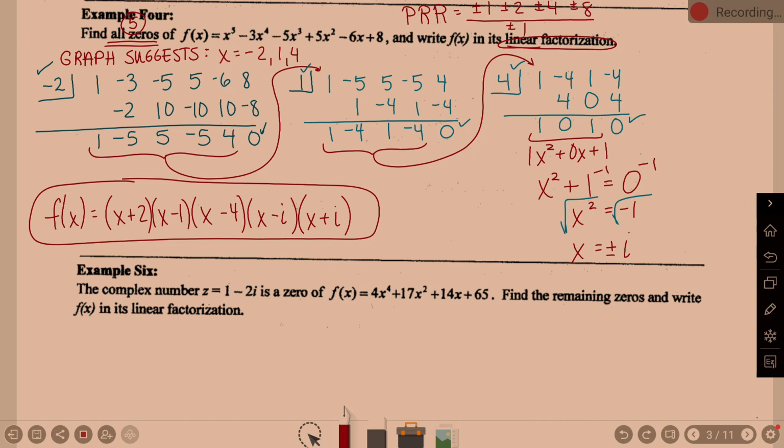Find the remaining zeros and write it in linear factorization. Guys, here's the catch. You graph this one right here, you don't find any real zeros, which is why you have to get started with what they give you. Okay? Because there are no real zeros. So they're giving us one of the imaginary zeros, and we'll go from there.